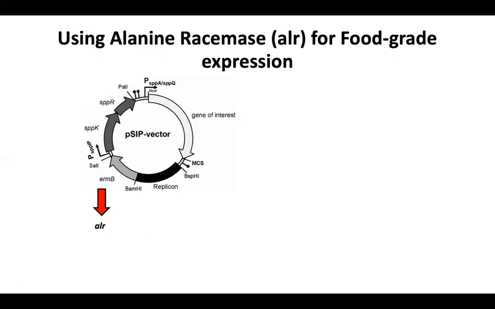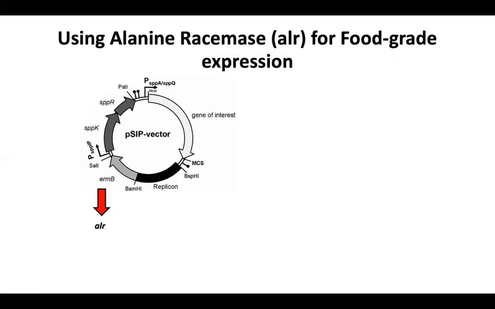The way it works is that if Lactobacillus is not resistant, it will die in the presence of erythromycin. So if you put the vector in Lactobacillus plantarum, it will survive on the agar plate with erythromycin. That means the bacteria has this vector, which includes your gene of interest. This is for the molecular cloning. You need to have a system to select only for the bacteria that have a vector to express your enzymes.